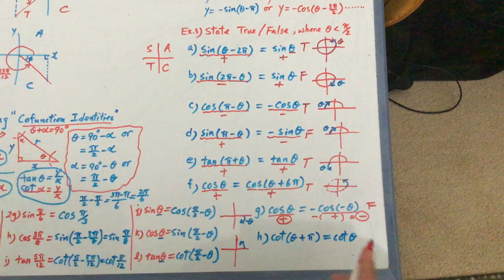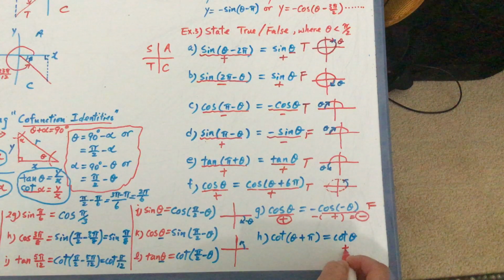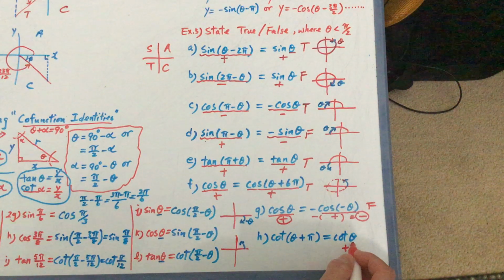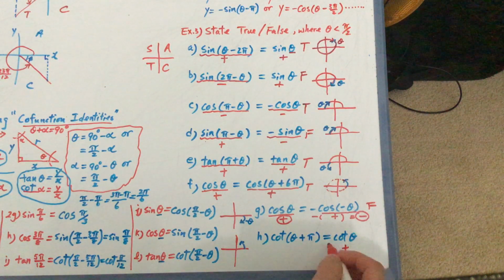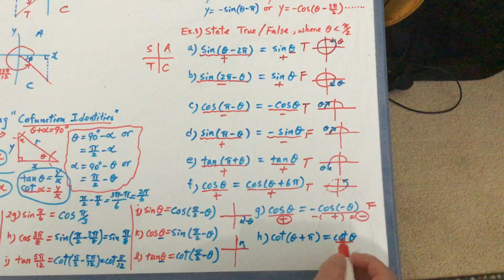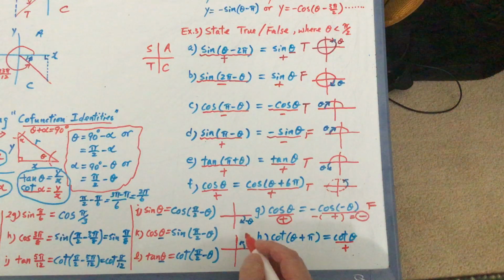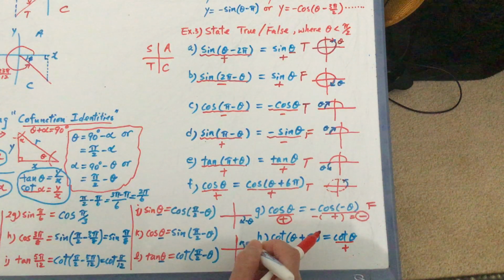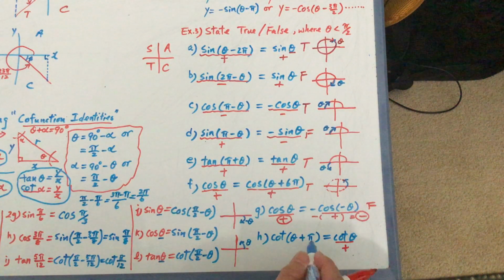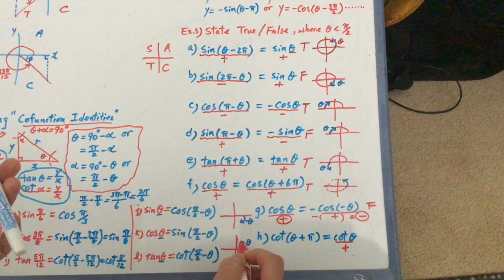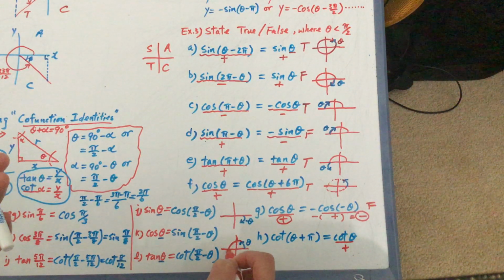So this one is basically going to be positive because tangent theta is positive, so cotangent, the reciprocal, will also share the same sign. Same thing here. When you have the theta to the positive direction, and then plus pi, that means you're going 180 degrees.